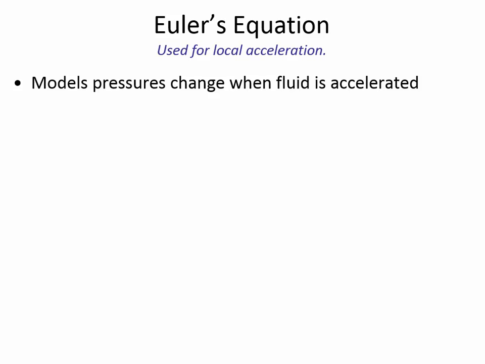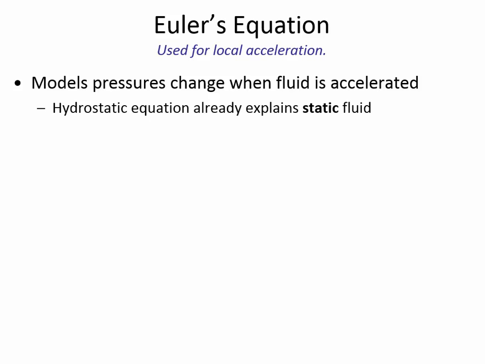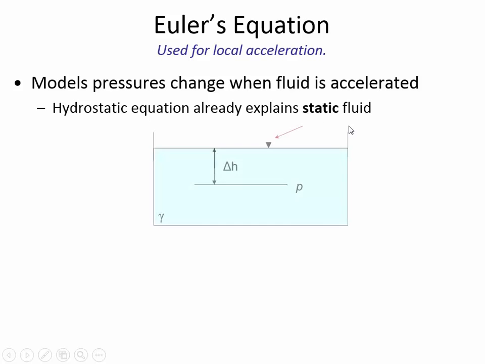So Euler's equation is what we can use to find out the response of fluids to local acceleration. Now, the hydrostatic equation is what we've used before to find out what's happening with pressure. But it can only be used when fluid is static, meaning when it's not moving.